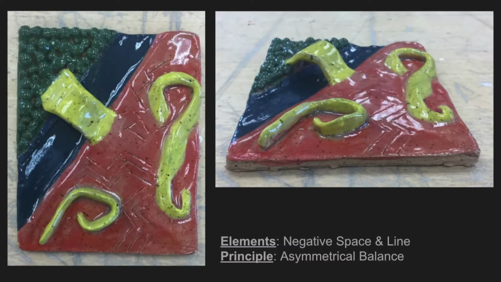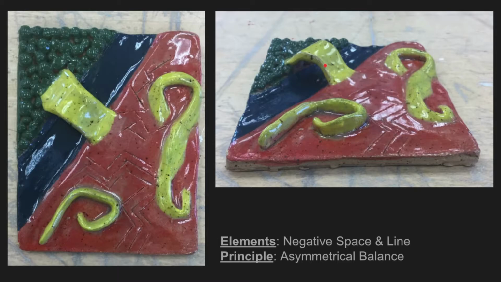So here are some student examples that show the tiles. For this tile, the student had negative space and line as their 2 elements, and the principle was asymmetrical balance. Looking at this, for negative space, the student created this yellow bridge that has an opening underneath it, creating that negative space.